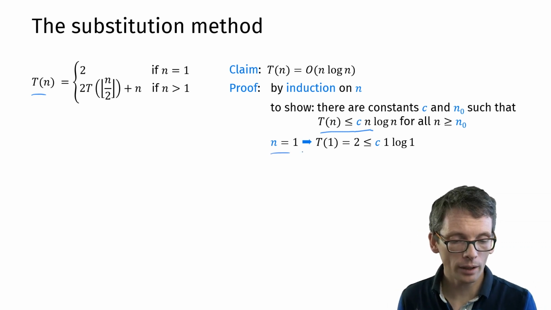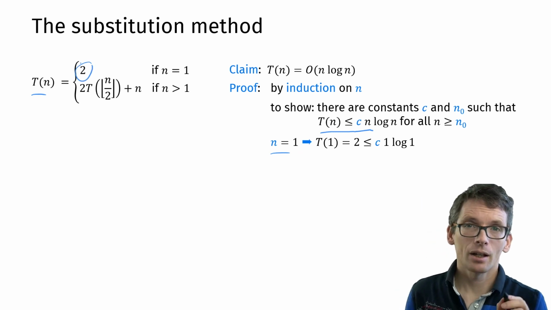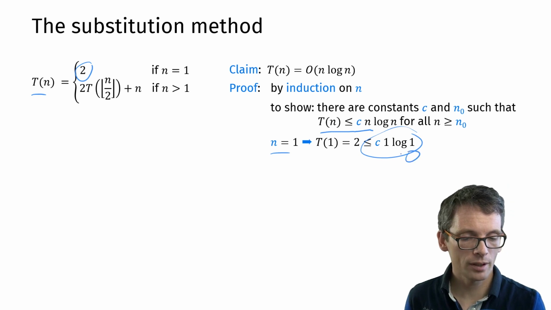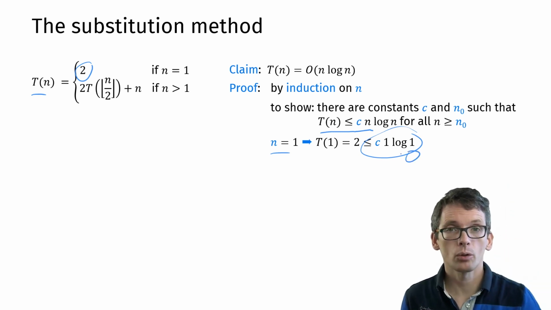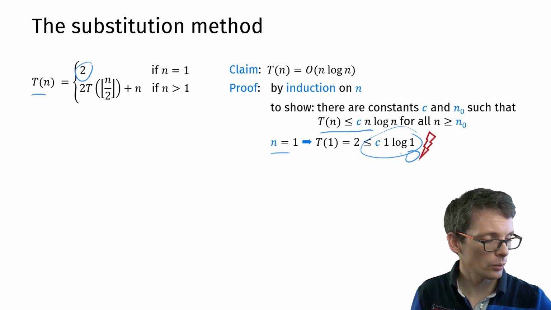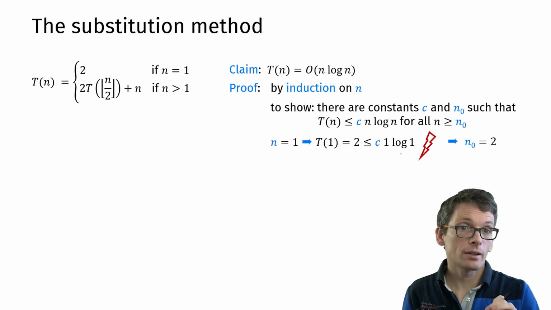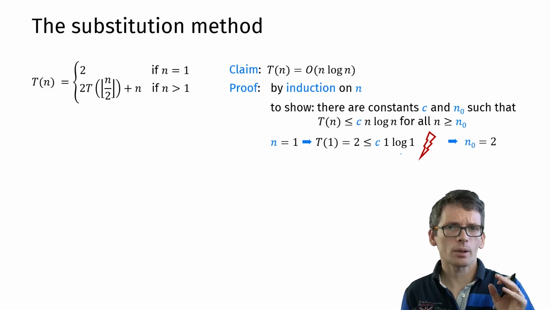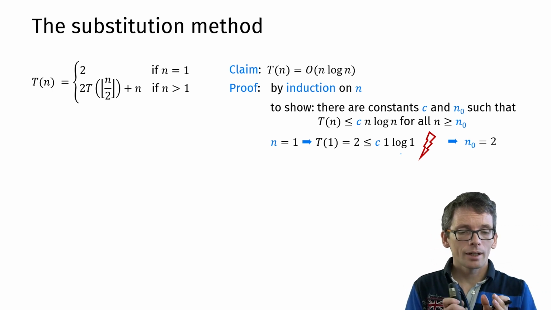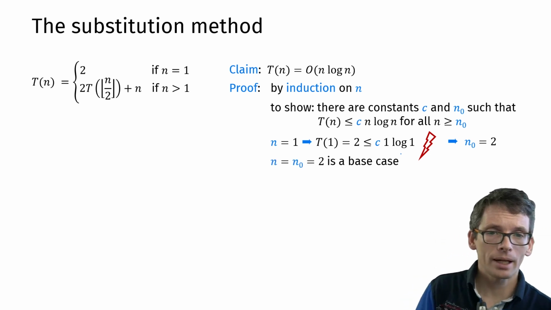If n would be 1, t of 1 is 2, but log of 1 is 0. So this will be simply 0, so I cannot bound 2 by c times 0, no matter what c is, obviously. This does not work. So I will have to start with, let's say, n0 being 2. I could also do a larger one, but that just makes our life more difficult. Now, that means we will be taking 2 as a base case.